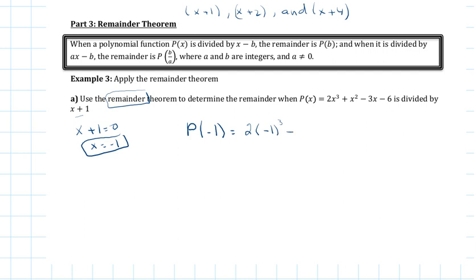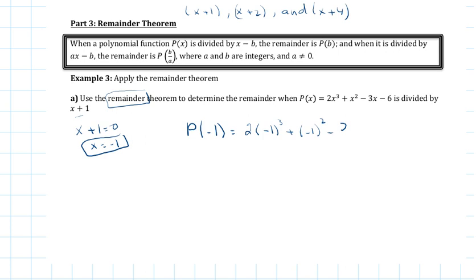So I plug in negative 1 for x, so that will be 2 times negative 1 cubed plus negative 1 squared minus 3 times negative 1 minus 6. What I'm doing here is replacing whatever the x is with a negative 1. So it's going to be negative 2 plus 1 plus 3 minus 6. If I calculate this, that's going to be negative 4.